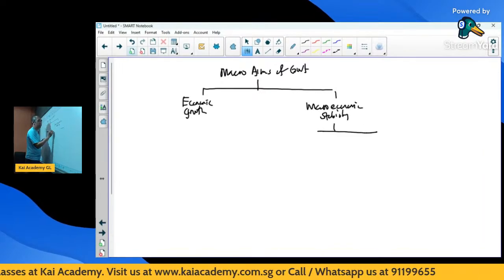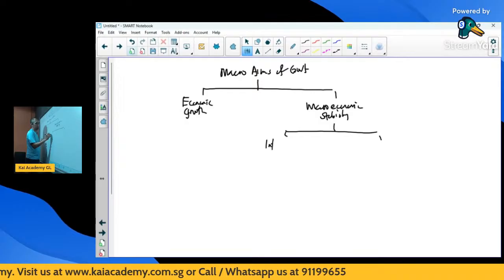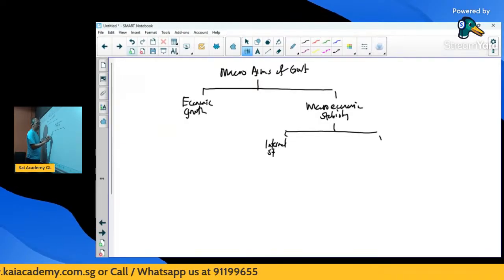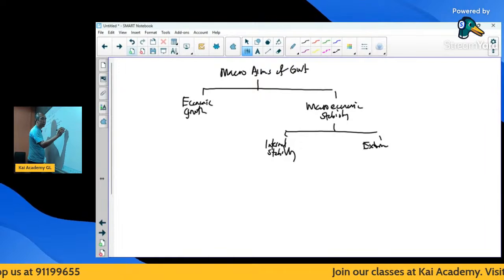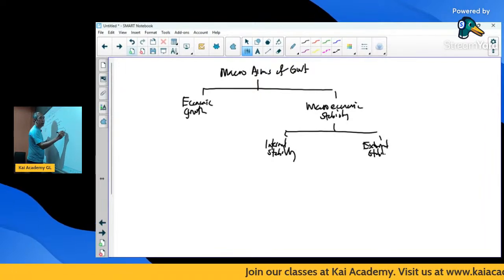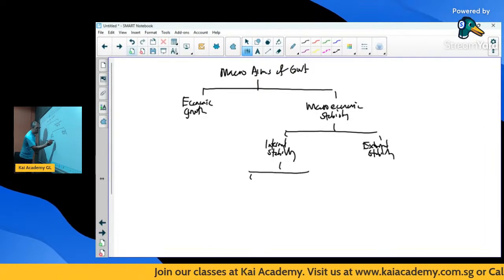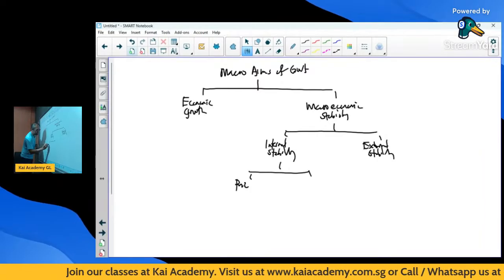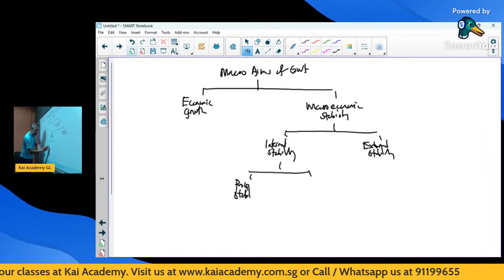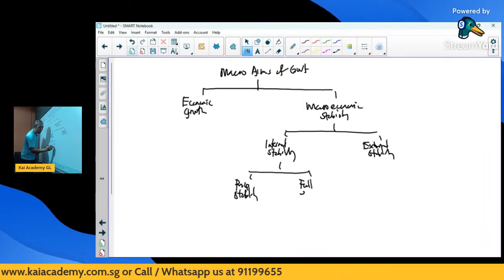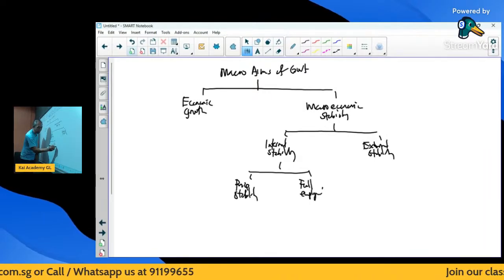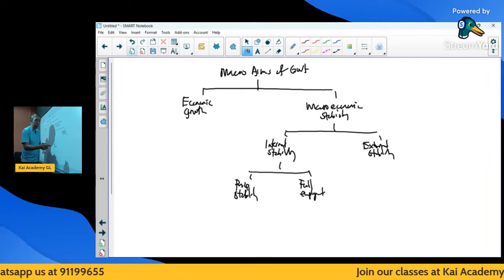The stability part is further split into what is known as internal stability and external stability. Under internal stability, you have price stability, which is to achieve a low and stable rate of inflation, and full employment, which is to achieve a low rate of unemployment equal to the natural rate.